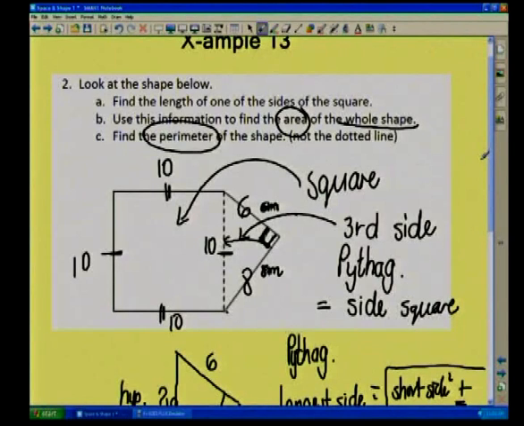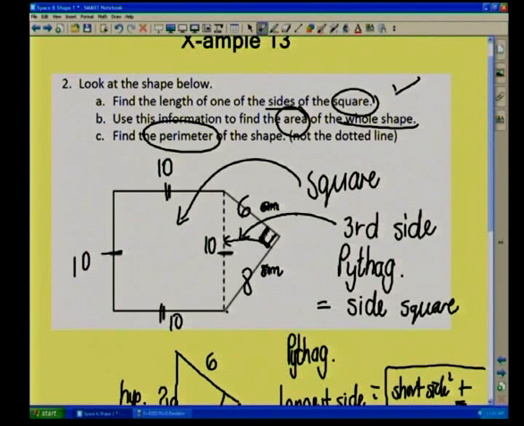Right, going back, let's check that we've actually answered all of our questions. We found the side of the square, so we've done that. We found the area of the whole shape, and we found the perimeter. Right, we've shown all our working out so that we can get our method marks, and we can now go on to the next question.